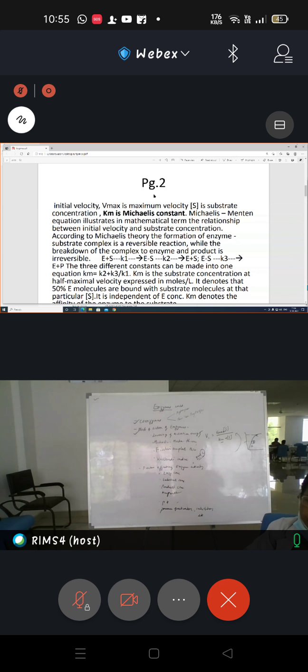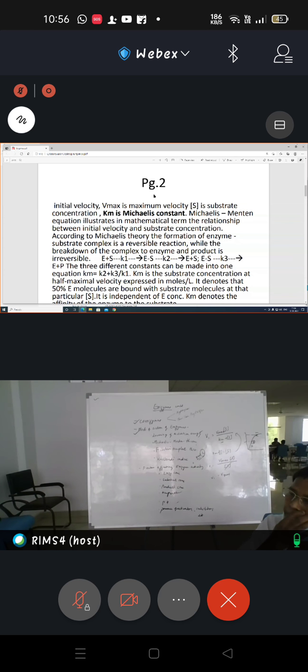So we can say Km plus S is approximately equal to S. We can substitute this over there: Vmax times S by Km plus S is equal to Vmax. So the velocity at point C will be the maximum velocity.